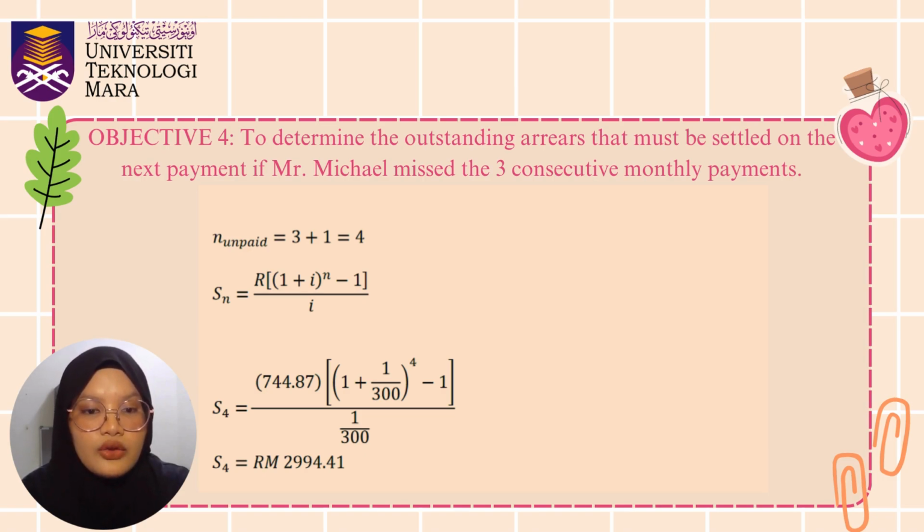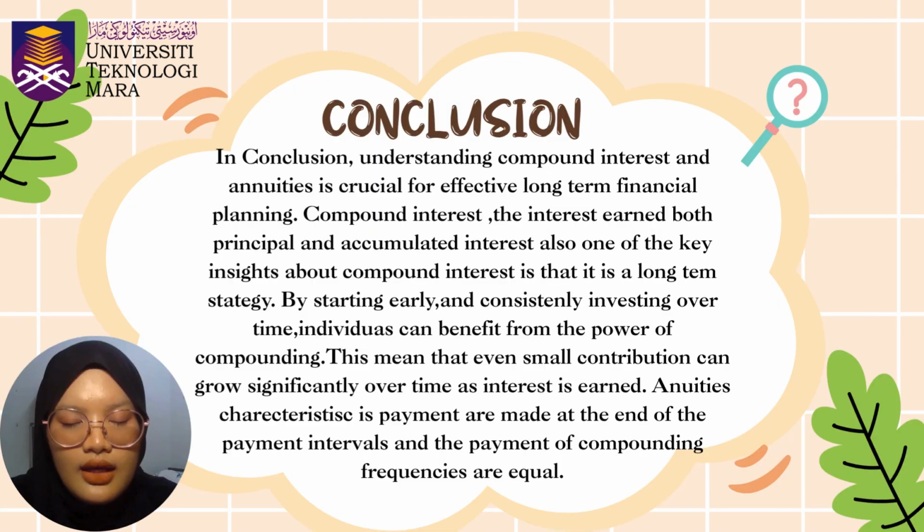S4 equals RM2,994.41. In conclusion, understanding compound interest and annuity is crucial for effective long-term financing planning.